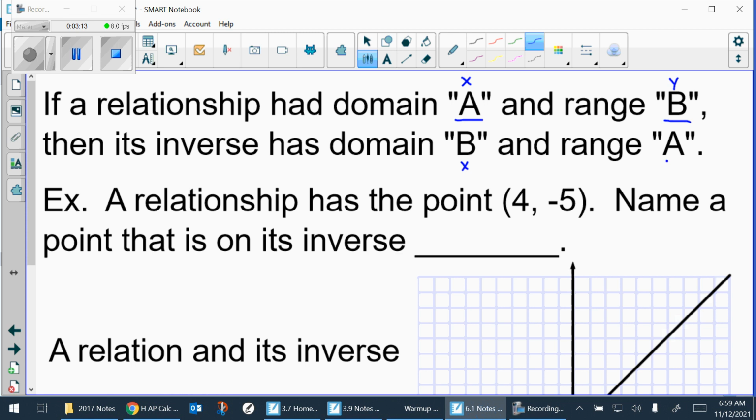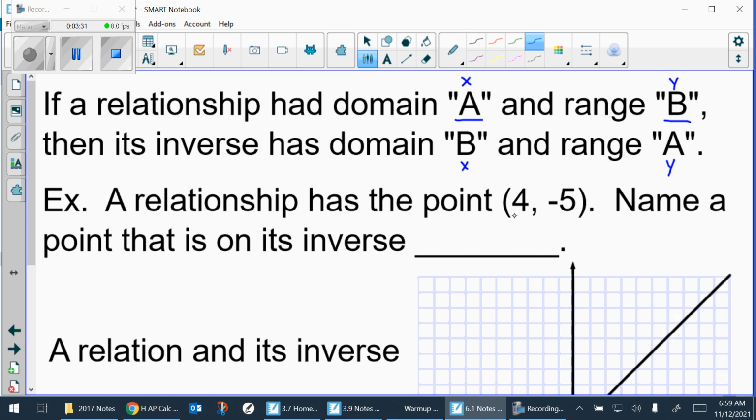It's got a range of A, so this set of numbers is going to be the set of y values that result from those x's. So what happens with inverses is that the x's and y's switch places.